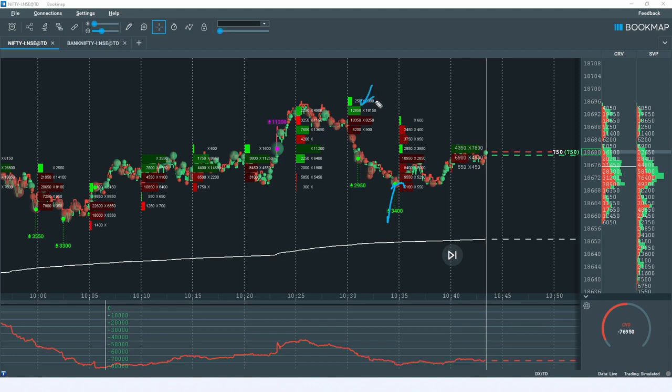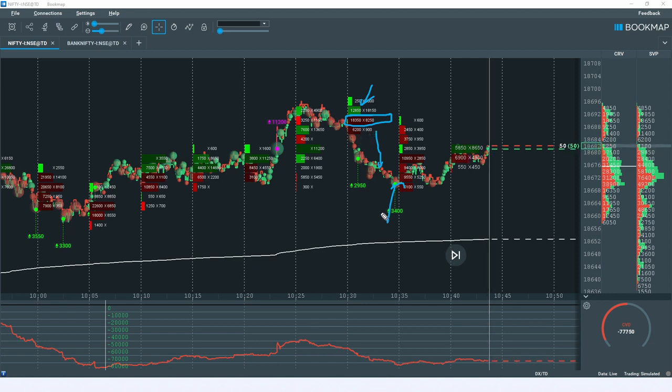First, these lines help us identify the structure within the candle. Second, the footprint helps us identify the price levels where the maximum activity happened, and also the behavior of those transactions.